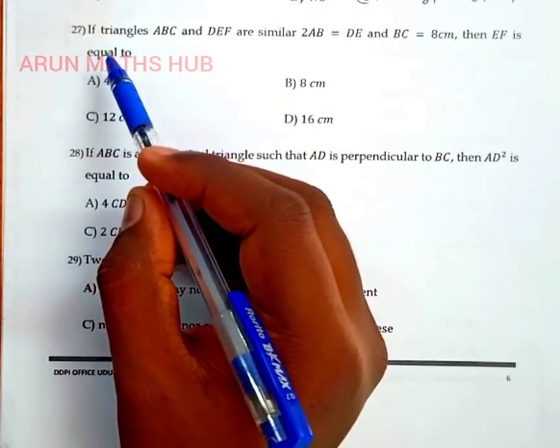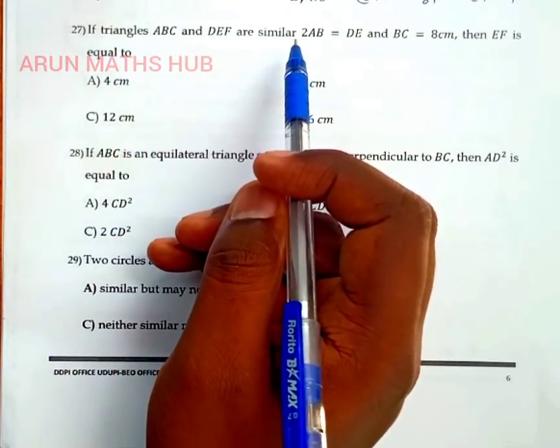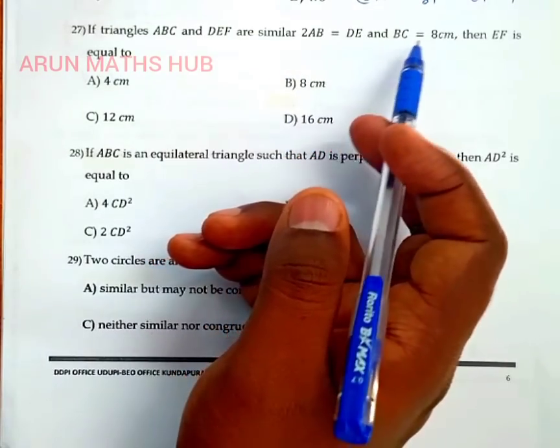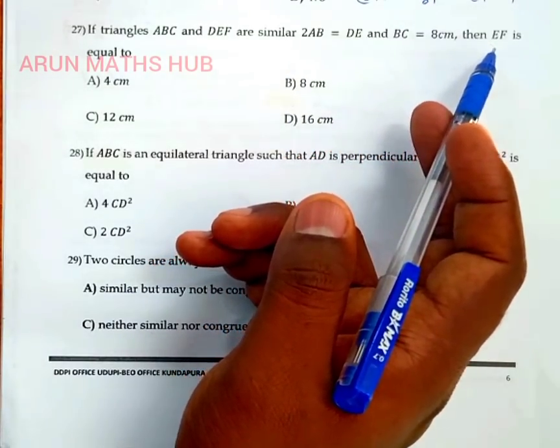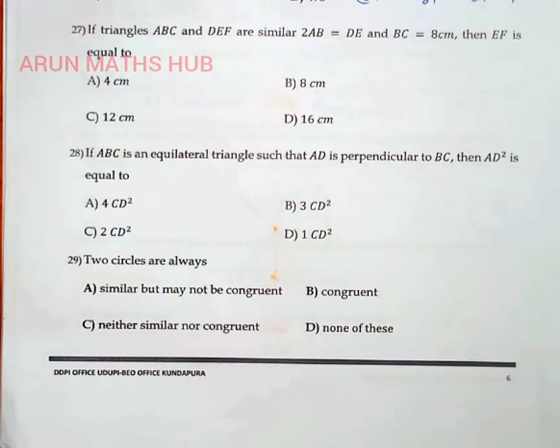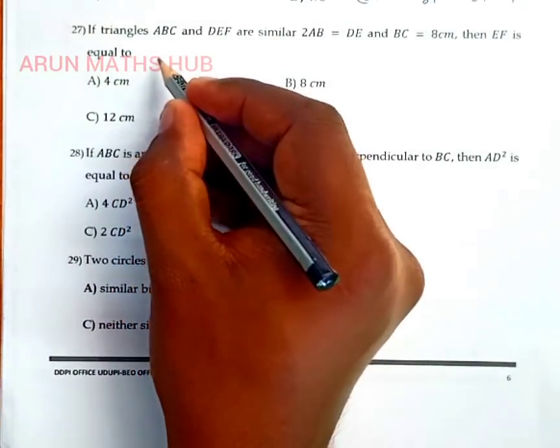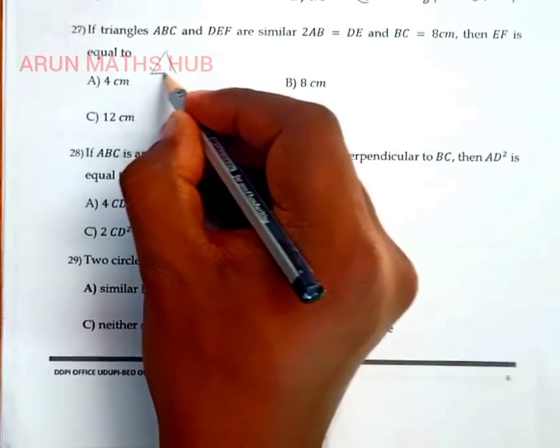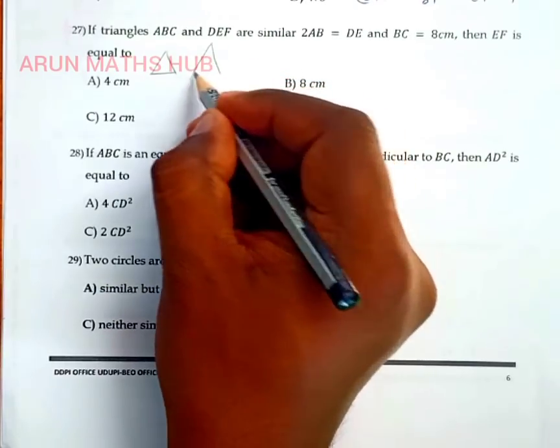Question number 27. If triangle ABC and DEF are similar, 2AB equals DE, BC equals 8 cm, and EF is equal to? For this kind of question you must draw the diagram so that it will be very easy to calculate.